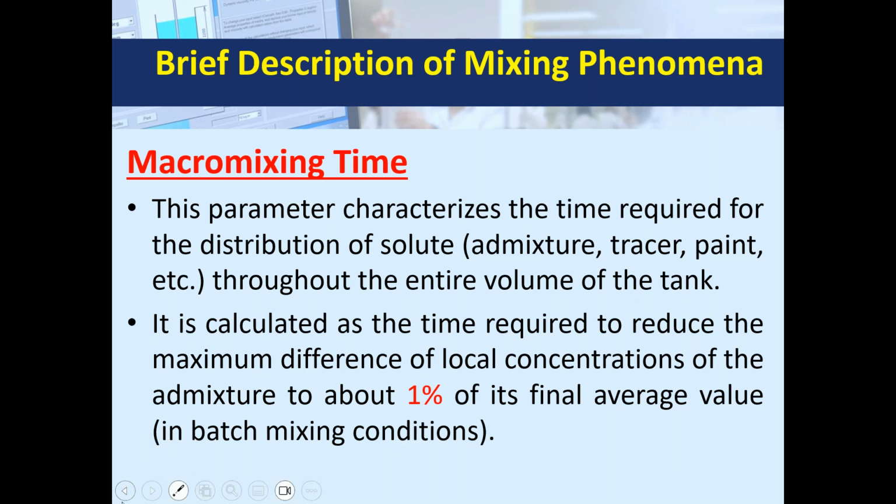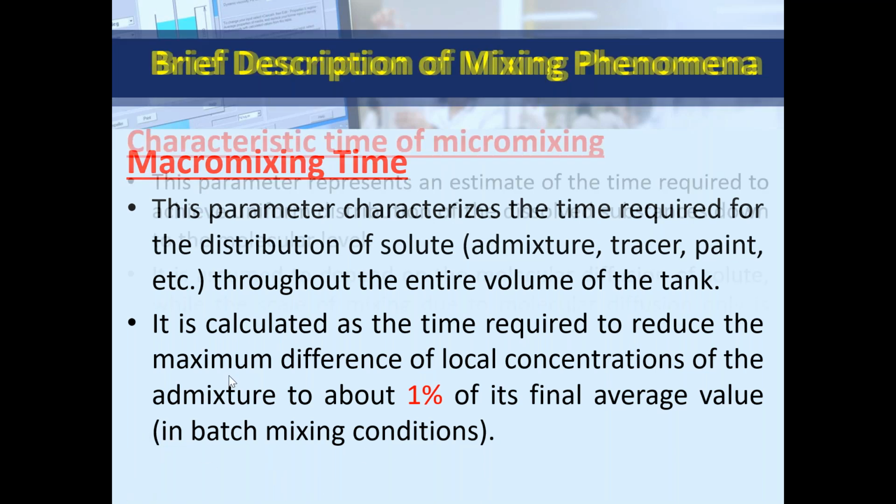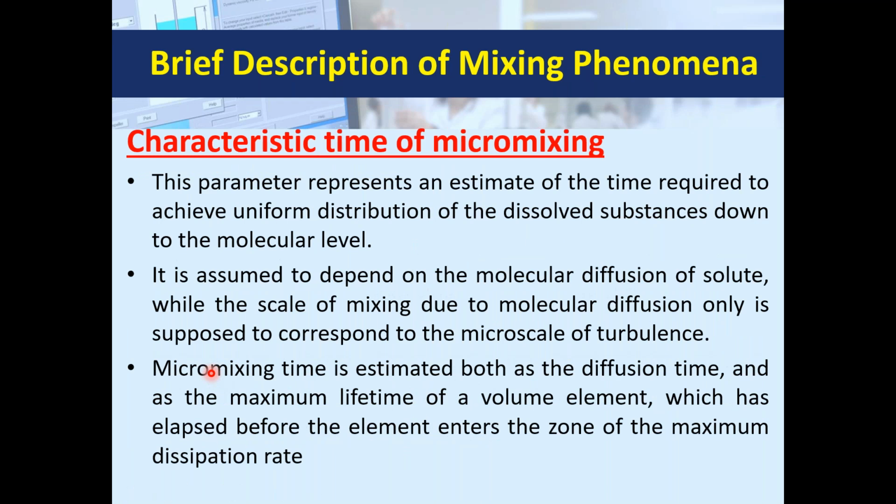The micro mixing time is a completely different issue. We are talking about the micro scale that we are generating in our tank, mini tornadoes, and we are asking how long it takes to converge in the same place. So in simple words, from an intuitive point of view, it is how long it will take my material, if we have balls that are black and white, to be gray. This is an intuitive point of view.